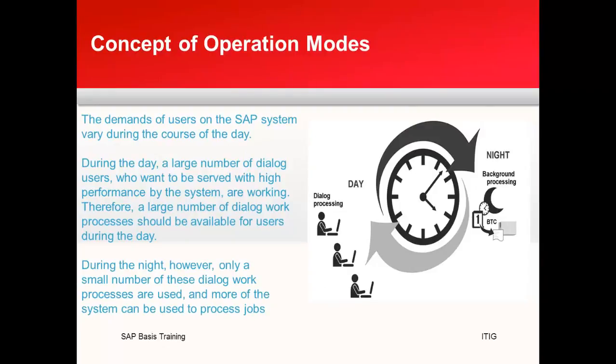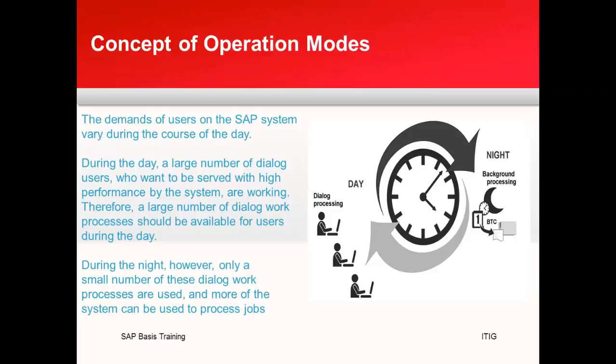The demand of users on the SAP system varies during the course of the day. During the daytime, a large number of dialog users want to be served with high performance by the system. Therefore, a large number of dialog work processes should be available during the daytime.